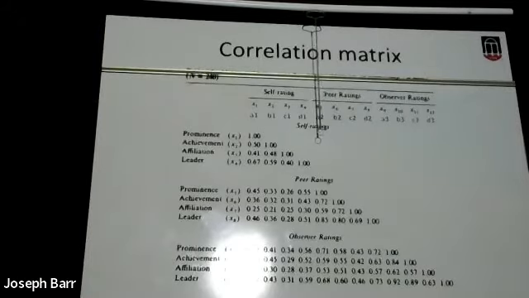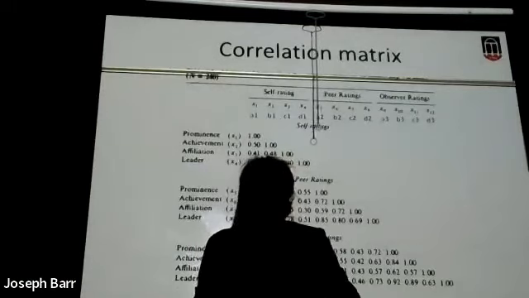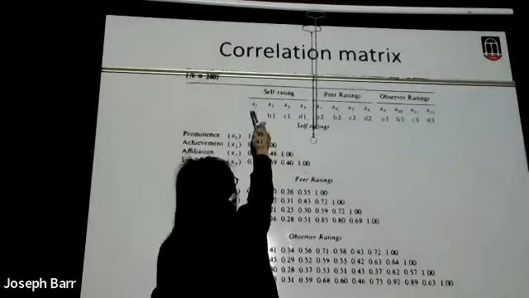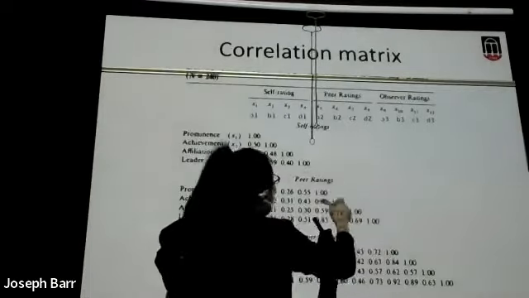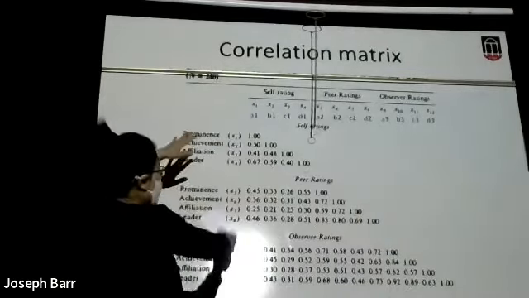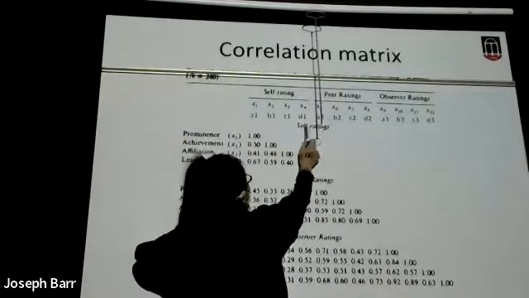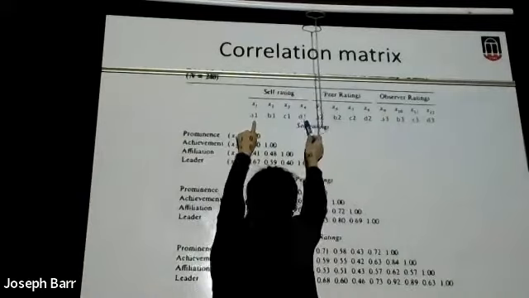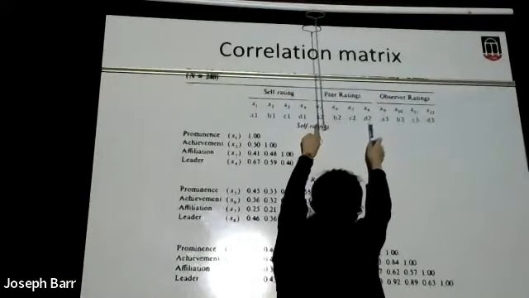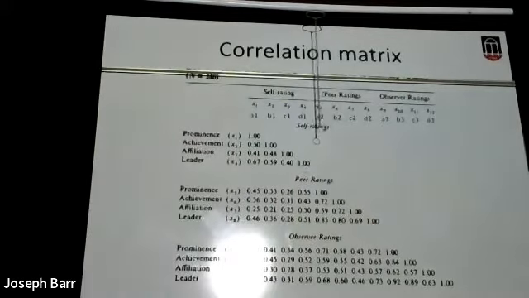We have different sets. Let's use A1, B1, C1, D1, because in the original table in the textbook it is just X1 to X12, so it's a 12 by 12 matrix. Let's make it easy: group these 4 as method 1, these 4 as method 2, and these 4 as method 3.